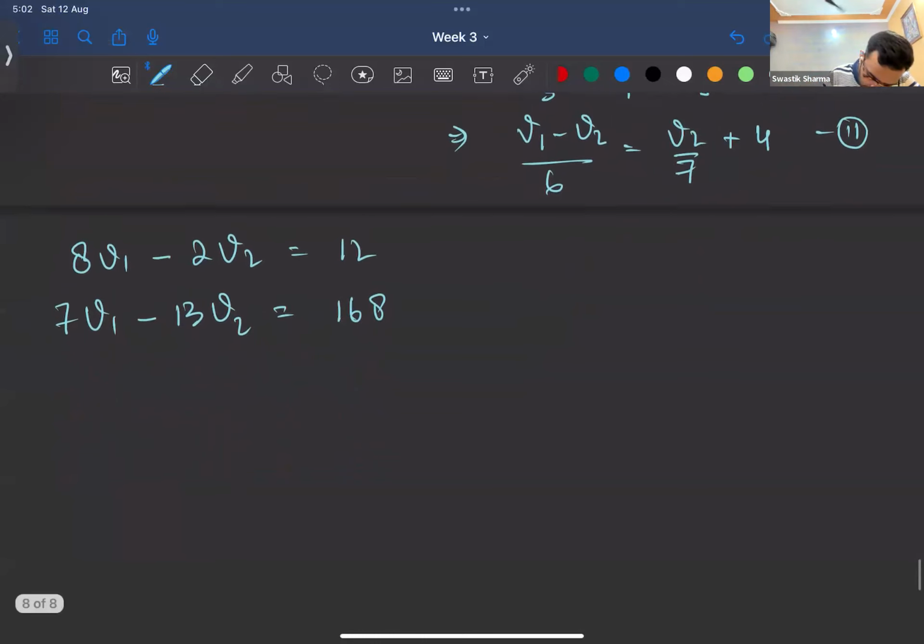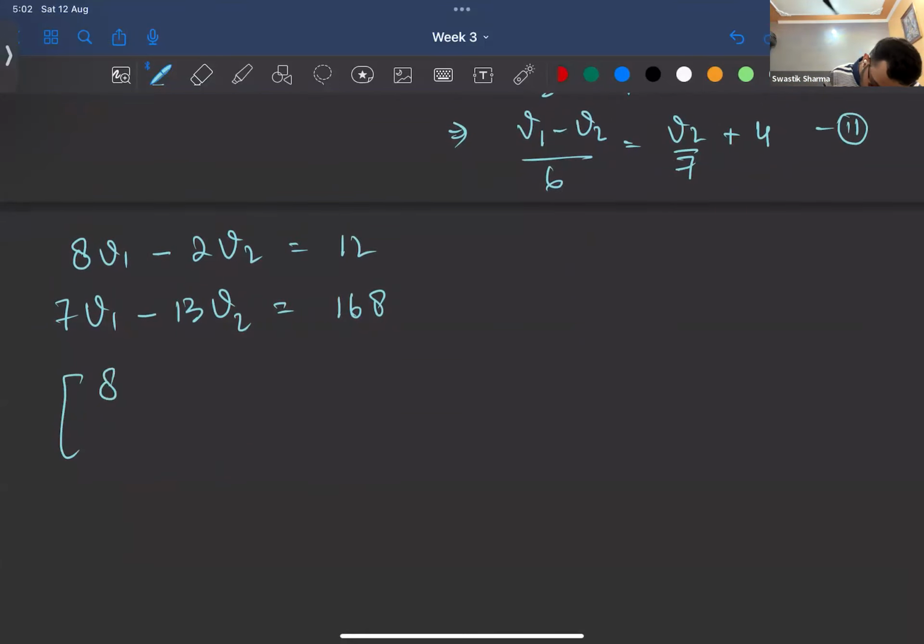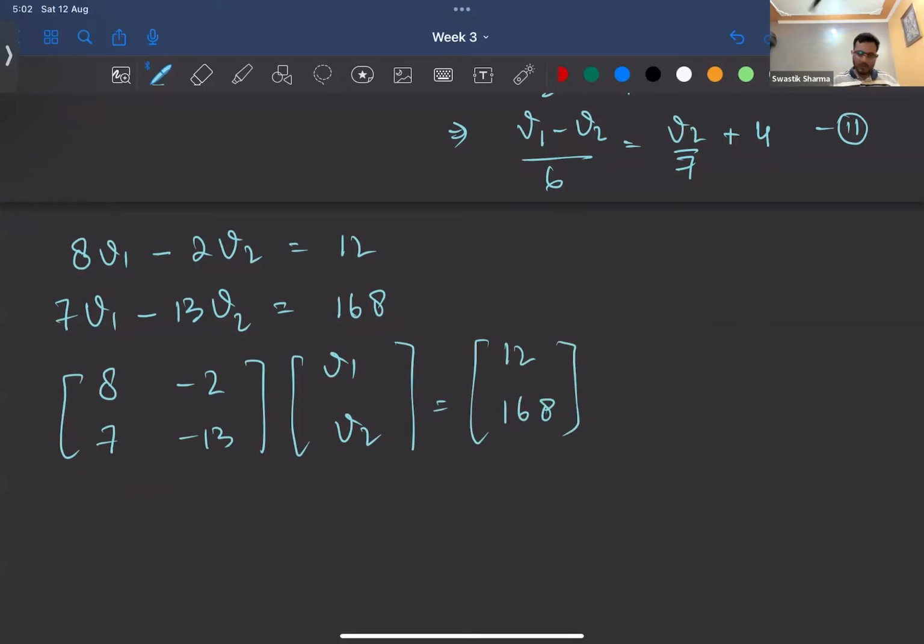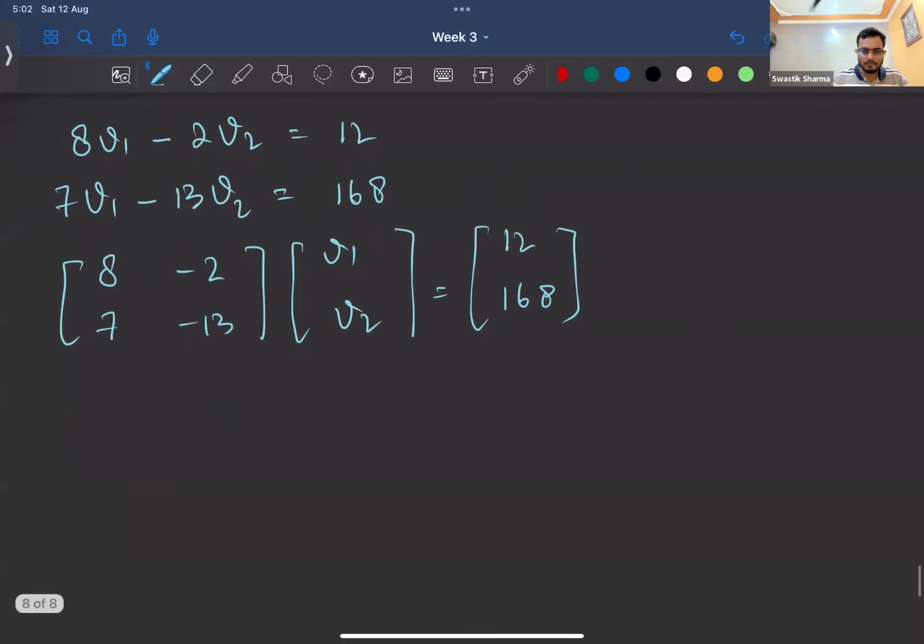You can write this in the matrix form as well. It would be 8, minus 2, 7, minus 13, times V1, V2 equals 12, 168. You can use matrix inversion, Cramer's rule, substitution, equation solvers online, anything, and you can get the answer. Just let me know if you're doing it, Gori.